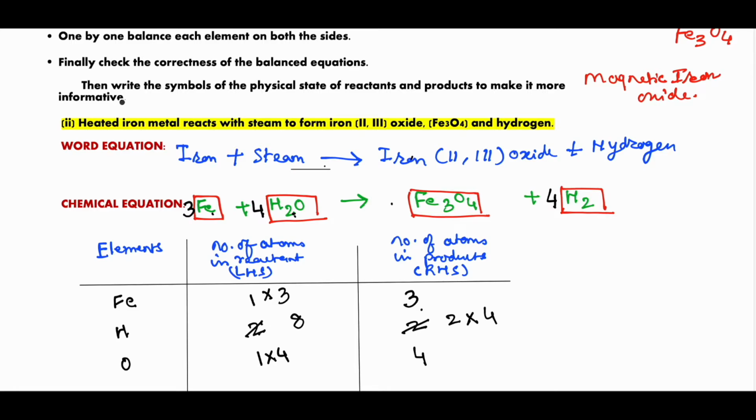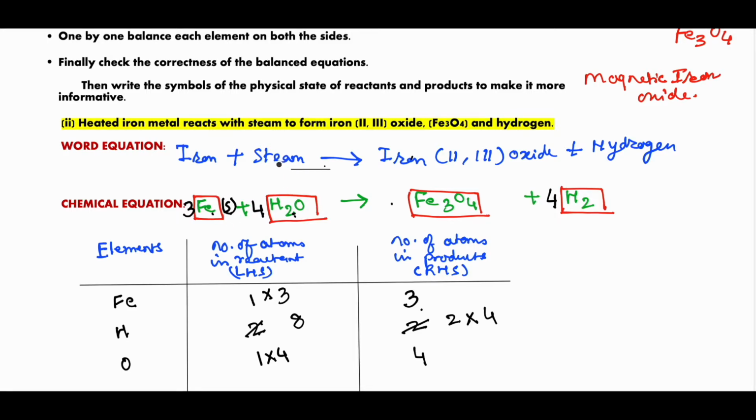Then write the symbols of the physical states of reactants and products to make it more informative. So here iron is solid in state.